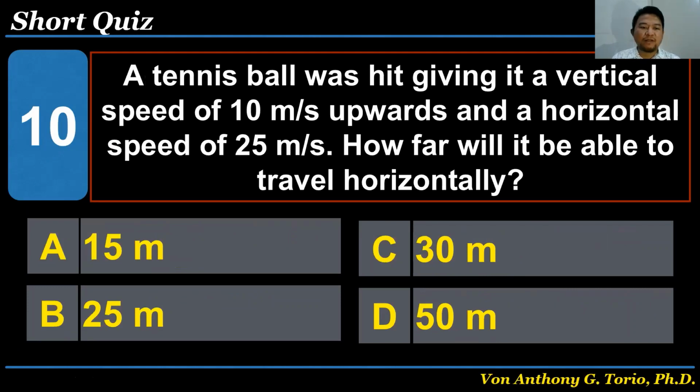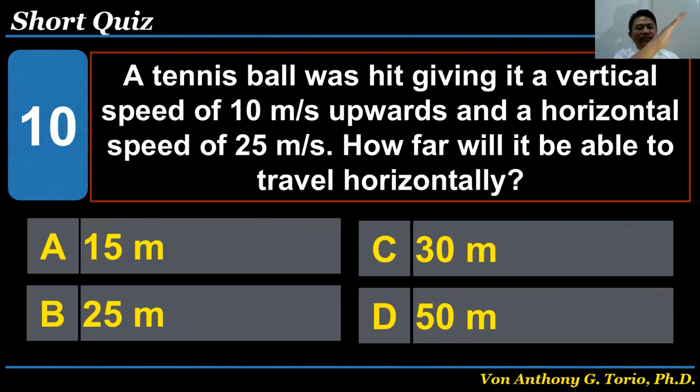And then finally, number 10: a tennis ball was hit, giving it a vertical speed of 10 meters per second upward and a horizontal speed of 25 meters per second. How far will it be able to travel horizontally? This is a bit tricky, but the idea here is we need to take note of the value of the vertical speed, which is 10 meters per second.